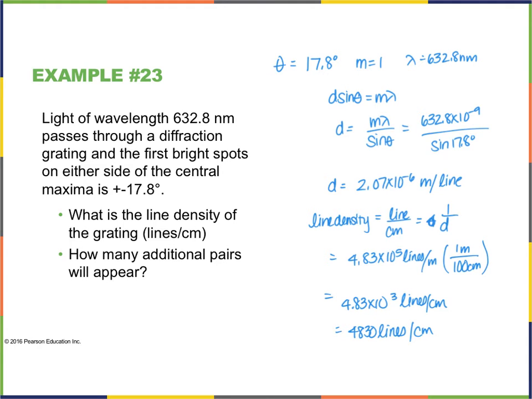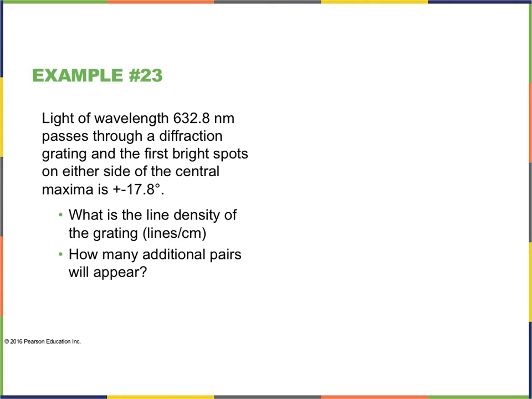Now, if we look at the second part of the question, it asks for how many additional pairs will appear. Which is essentially the same as asking, what would be the highest m that we could get? And we've answered this type of question before in looking at other examples of small slit interference, like double slit.